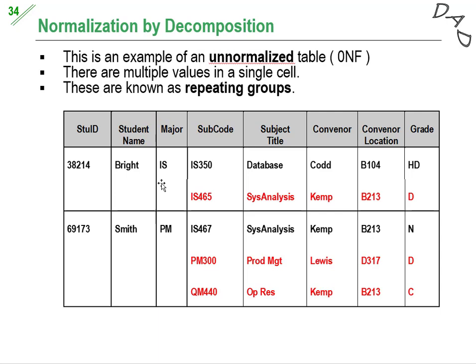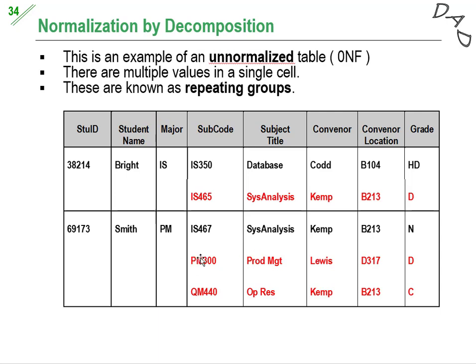So how can we eliminate these values? By splitting this into two records, isn't it? Because it looks like they have combined two rows into one. So if you repeat the other information here, like information systems, Bright, and student ID, we can create another separate row.